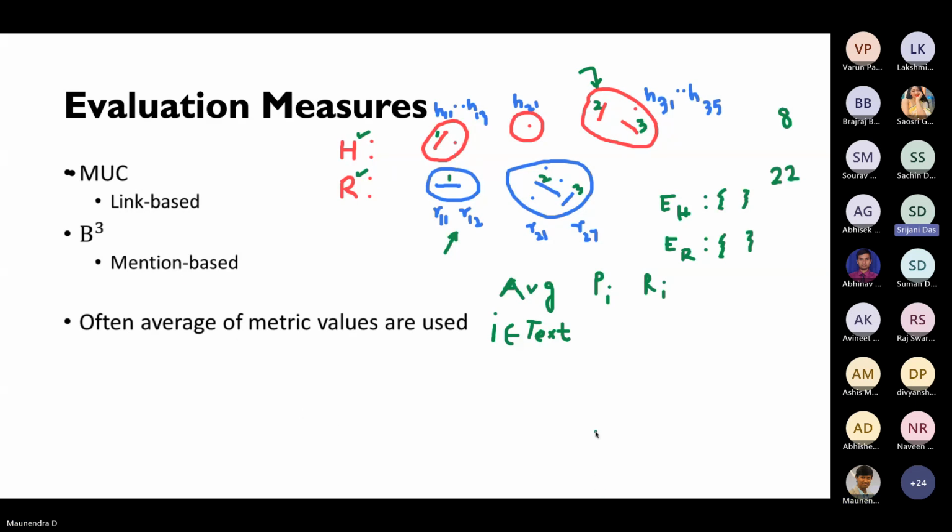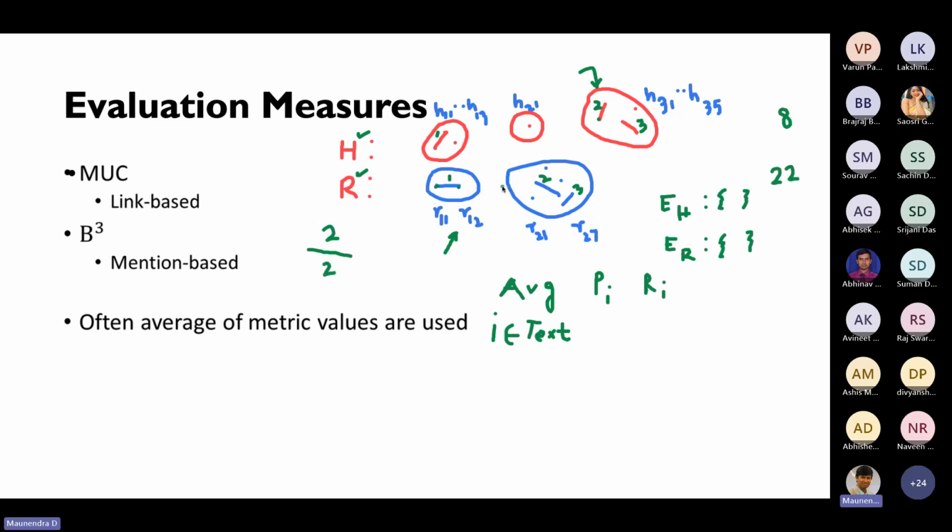One question here. How are we calculating the recall in B3? Okay, so recall will be the number of mentions that are common between this one, that is the reference cluster that contains I, and the number of mentions which are there in the hypothesis that contains I. So if there are two here and we have 5 in this cluster, and suppose both these are present here, so the numerator becomes 2 and the denominator becomes how many are there in the reference cluster, which is 2.